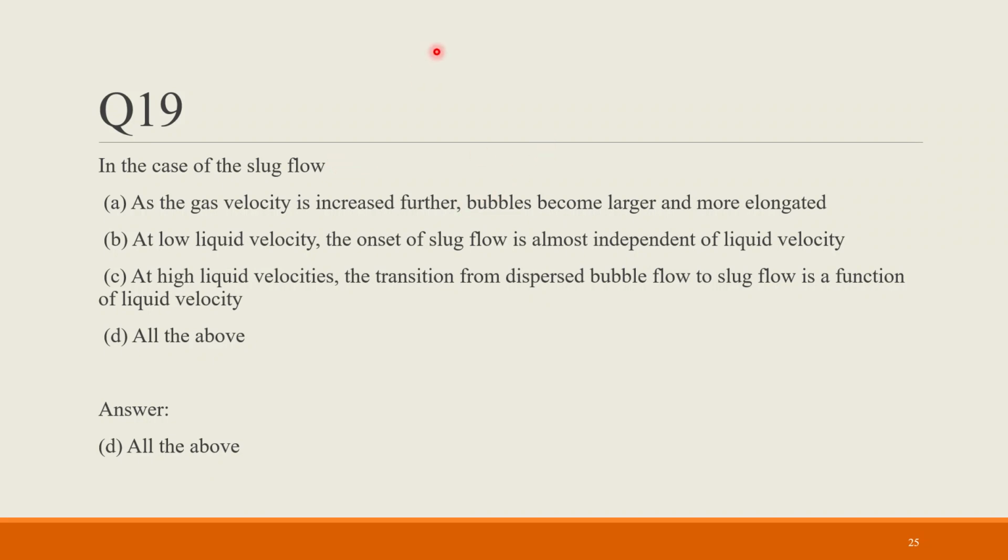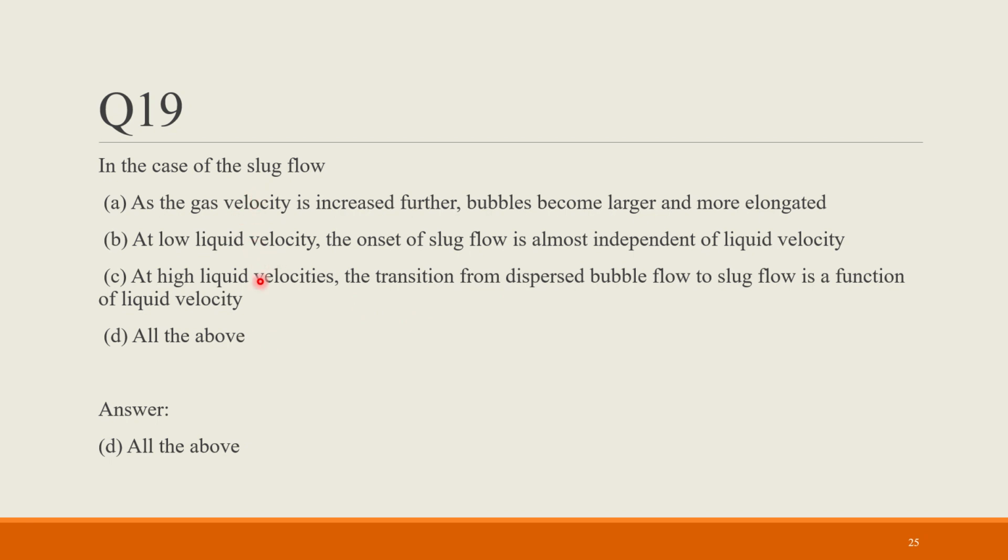In case of slug flow, at low liquid velocity, onset of slug flow is almost independent of liquid velocity. This is again true, because at low liquid velocity the slug flow happens, that doesn't directly depend on liquid velocity, right? Because liquid velocity is not higher. Whereas when liquid velocity is higher, transition from dispersed phase to slug flow is a function of liquid velocity. All the above. So answer is obviously all the above.